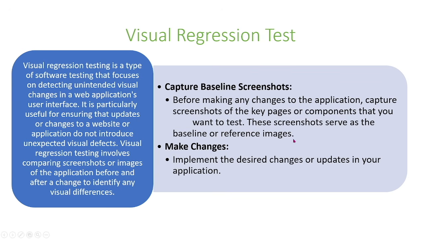Capture baseline screenshot. Before making any changes to the application, capture screenshots of the key pages or components that you want to test. These screenshots serve as a baseline or reference image. Make changes. Implement the design changes or updates in your application.